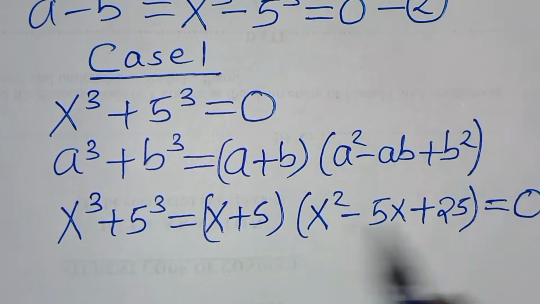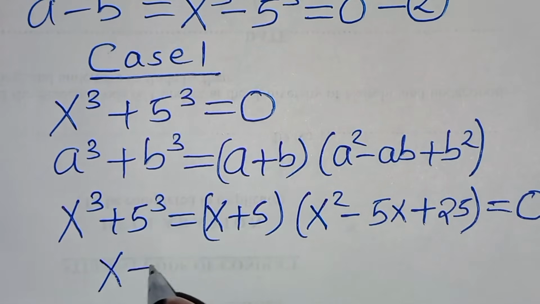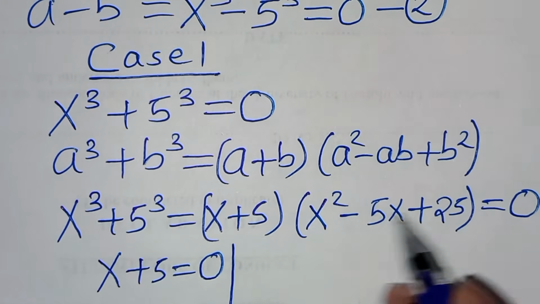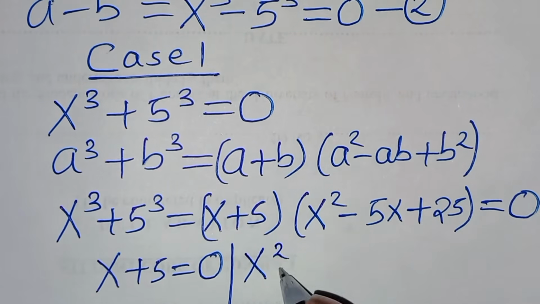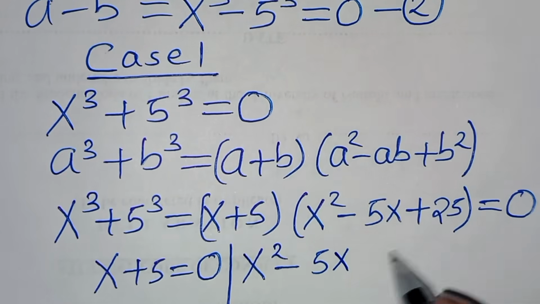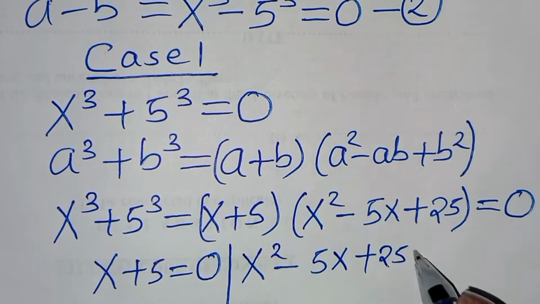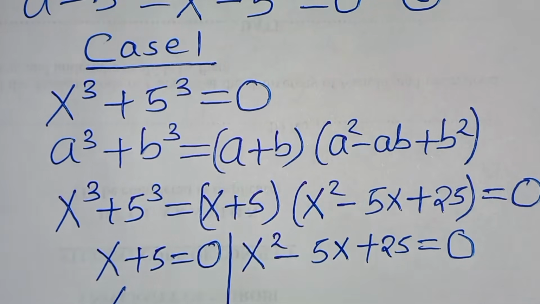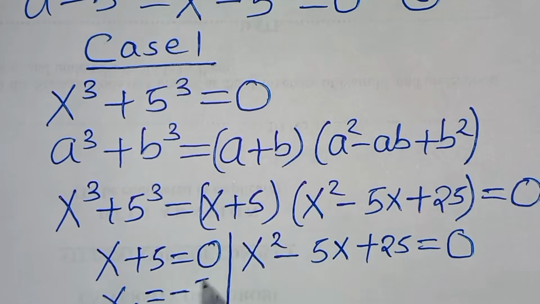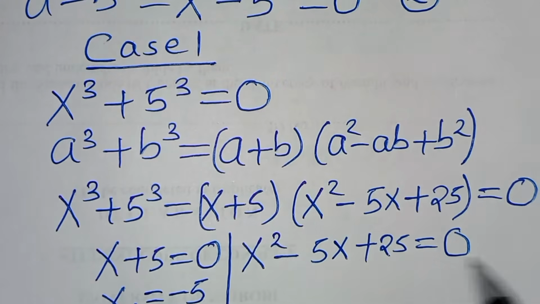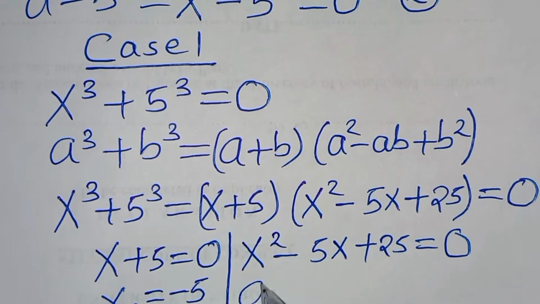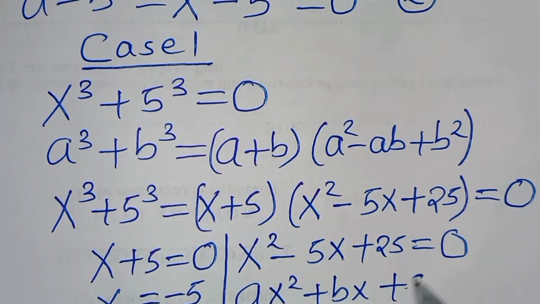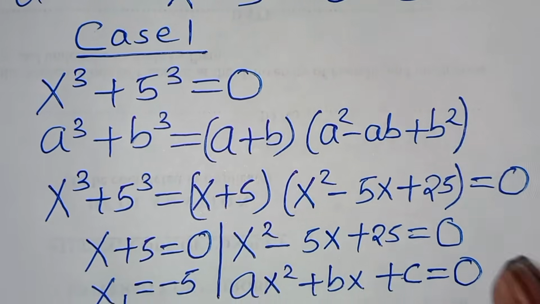Now, we have two parts here. The first part is x plus 5, which we set equal to 0. The second part is x squared minus 5x plus 25, equal to 0. So from the first part, x1 is equal to minus 5. The second part is a quadratic equation of the form ax squared plus bx plus c equal to 0.